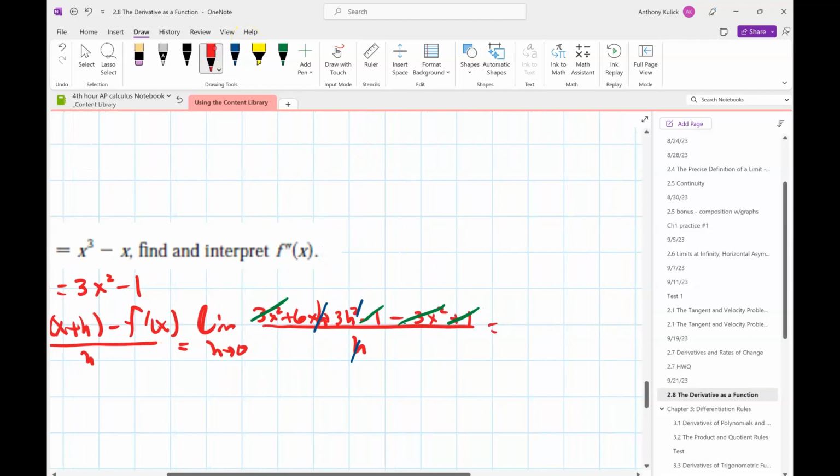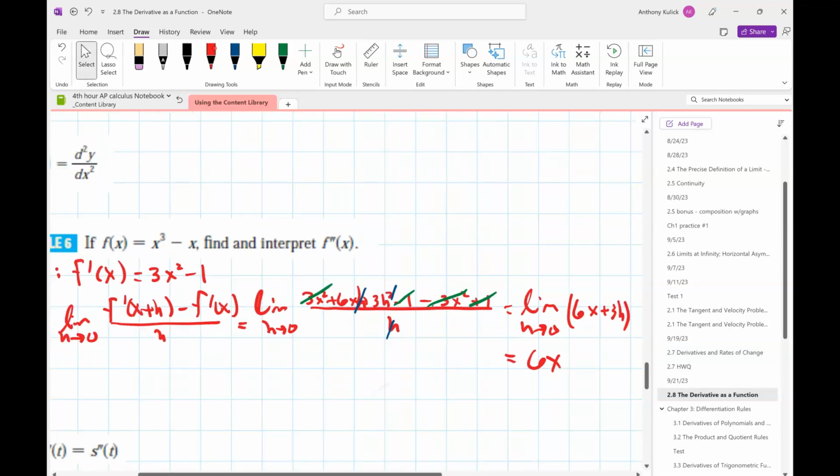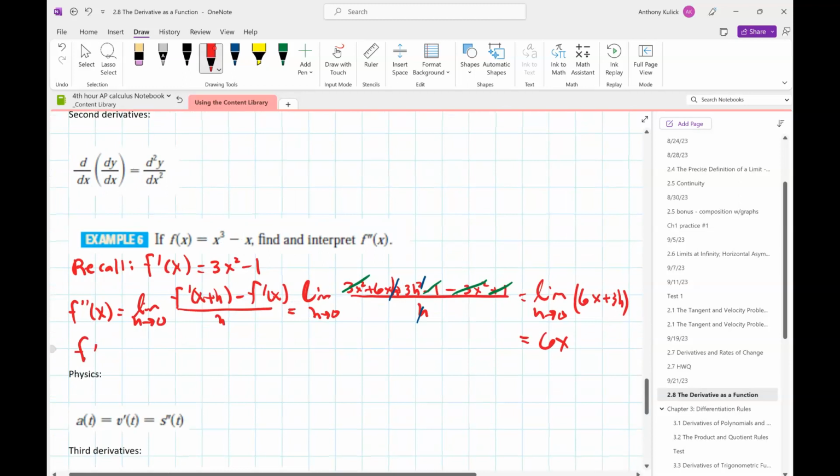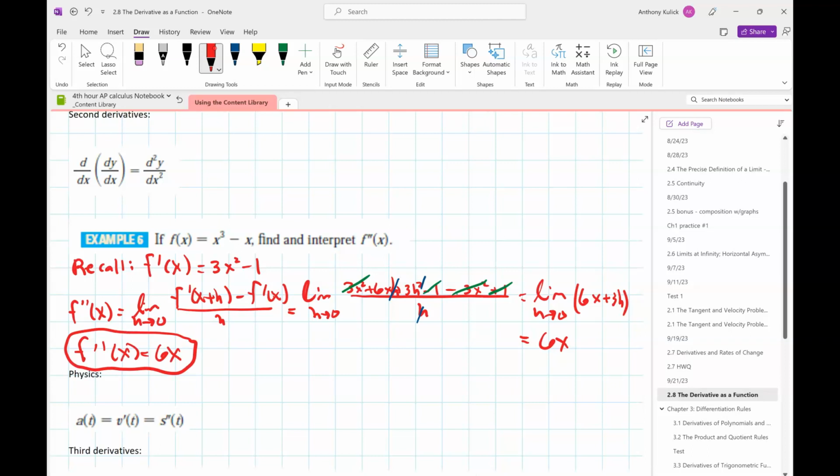And so my limit here is of 6x plus 3h, or just 6x. All right, so far, so good.